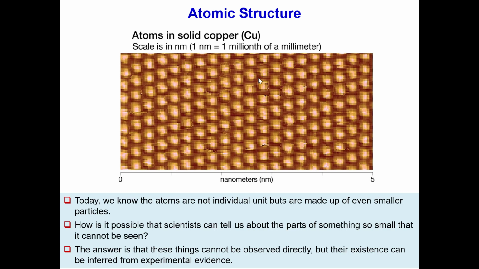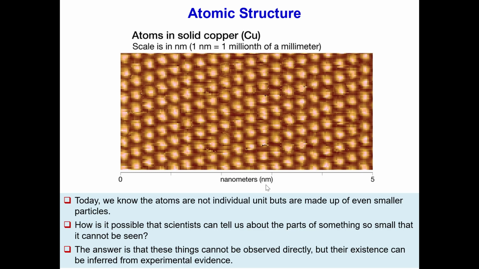The technique used to obtain this image is transmission electron microscopy. The scale for this image is 5 nanometers. Remember, 1 nanometer is 10 to the power minus 9 meter.